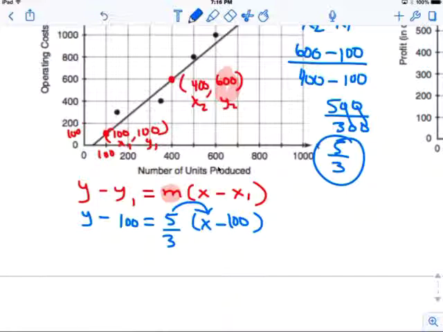Okay, multiply, so you get 5 over 3x minus 500 over 3.